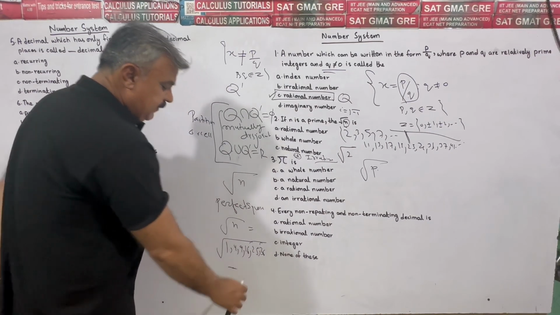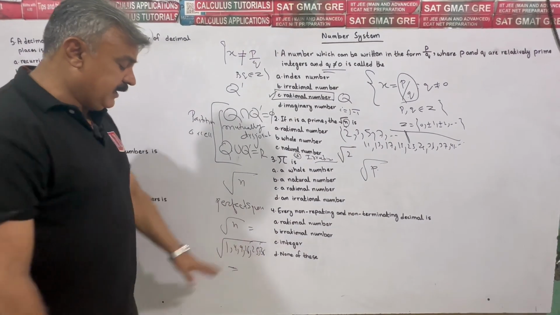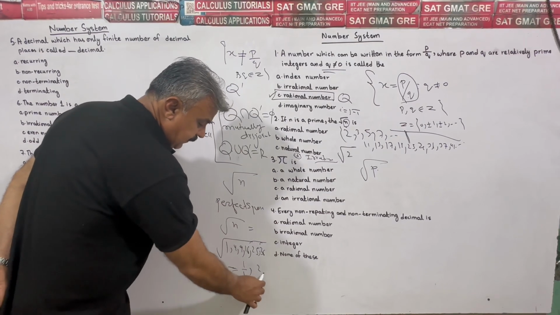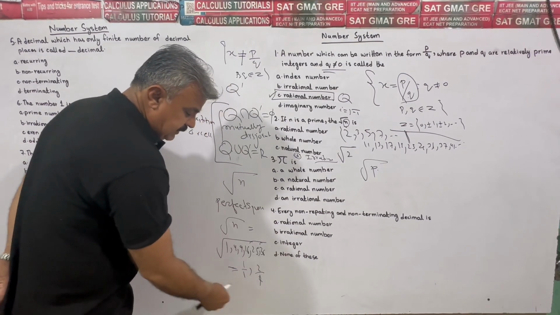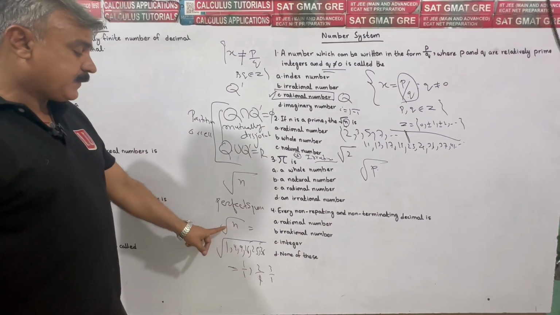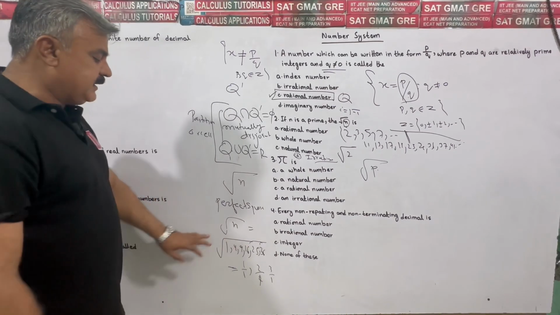Their roots are possible, and they all result in integers. The root of 1 is 1, which I can write as 1 upon 1. The root of 4 is 2, and 2 upon 1 is a rational number. The root of 9 is 3, and 3 upon 1 is a rational number. So if n is a perfect square, root n represents a rational number.